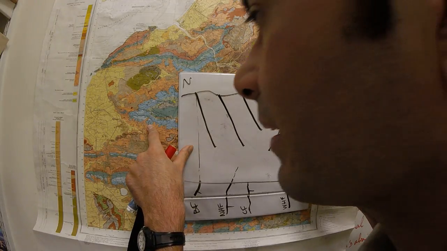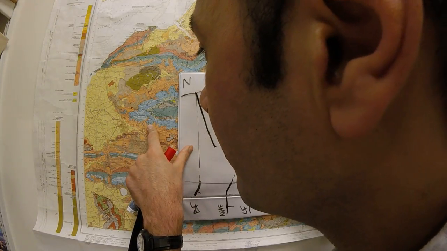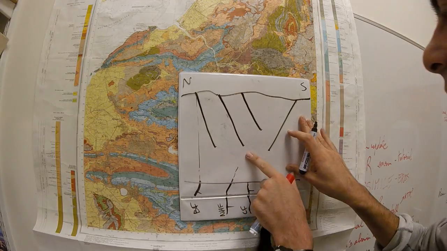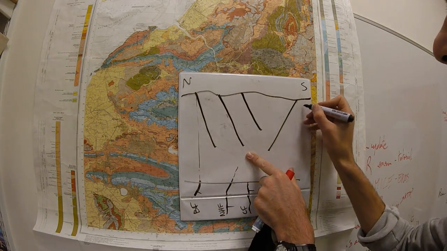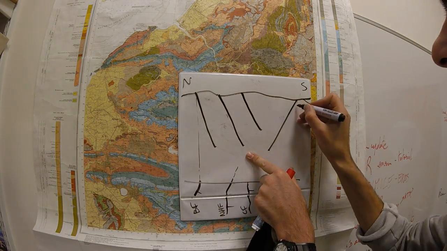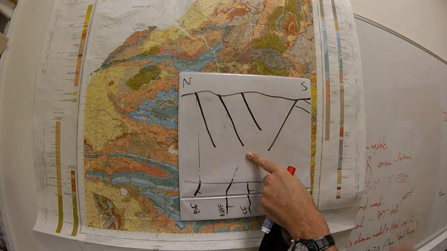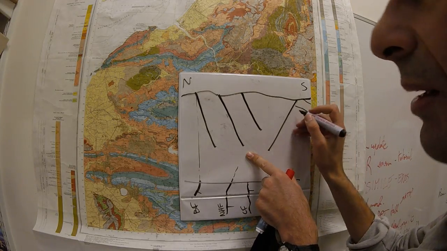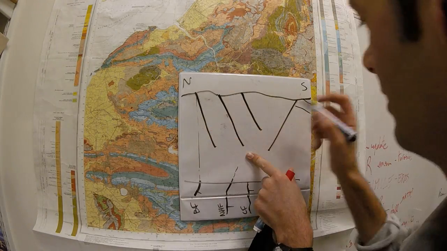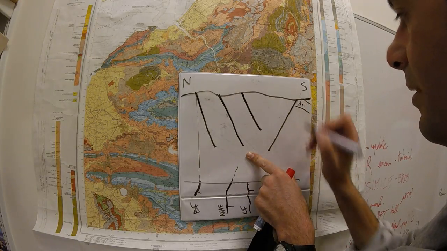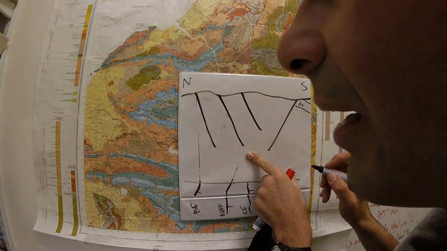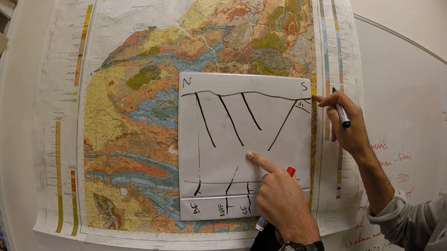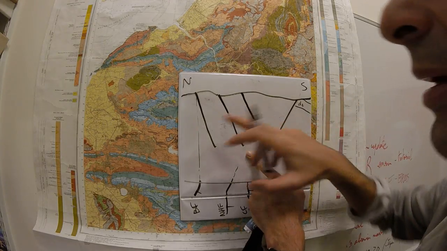The rocks are dipping at an angle of 20 degrees, so here we are 20 degrees towards the south. So all rock units, we're going to think about them dipping this way. Here we've got D2, and we've got somewhere D3 further up.